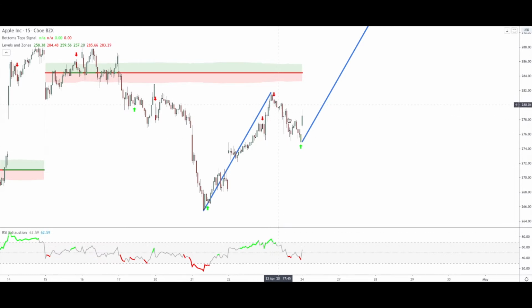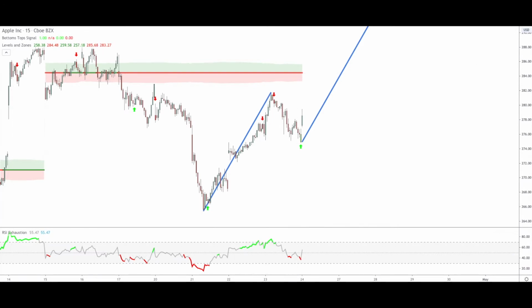And then we have a retracement and a second bottom which is higher than the previous one, and we have the RSI which is again exhausted. In this case it is bearish exhausted.